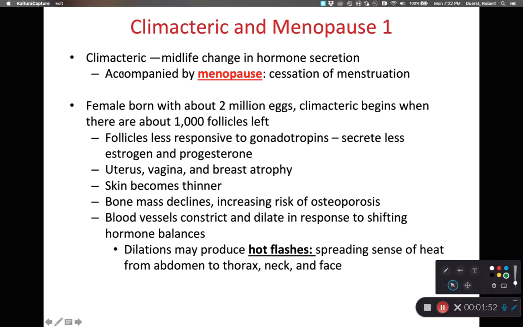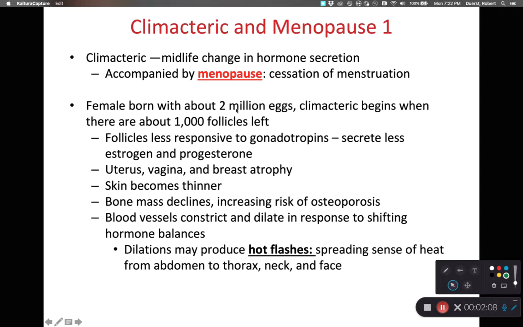As we look at this menopause, the cessation of menstruation, we should talk about some of the things that go into this process, because it's a big deal. There's a lot to say about it.